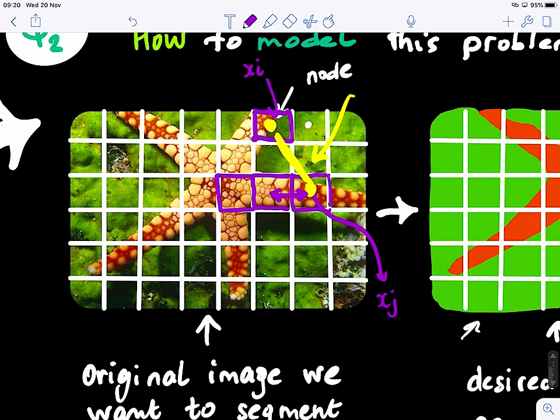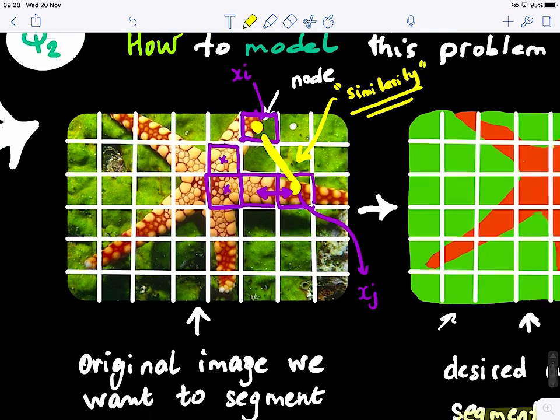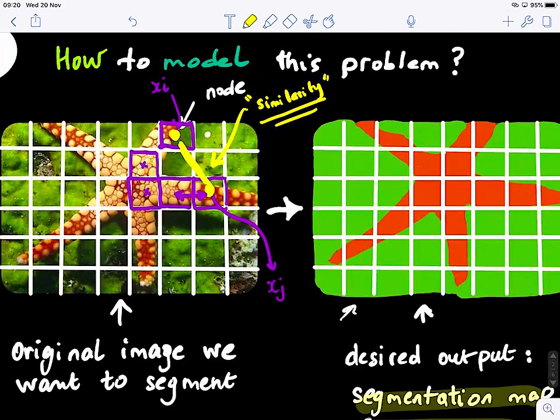If you avoid the boundary, you would expect two spatially neighboring patches or nodes to be highly similar. So the idea here is that if I learn how to measure this similarity very accurately, then I can easily segment my image, okay? So this is the key assumption.